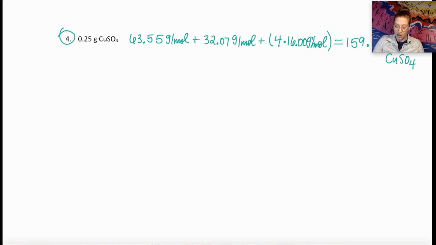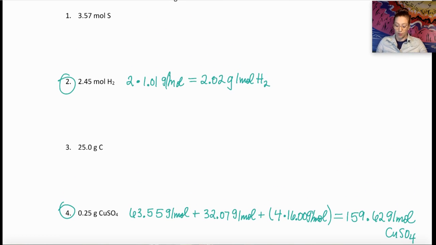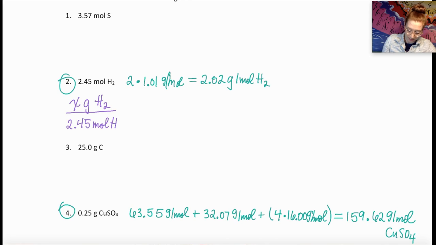Okay, now that I've got my conversion factors taken care of, let's go back and do these examples. So we've got moles of H2 given to us, so we're going to convert into grams. So I want to find the number of grams of hydrogen, H2, there are in 2.45 moles of H2.